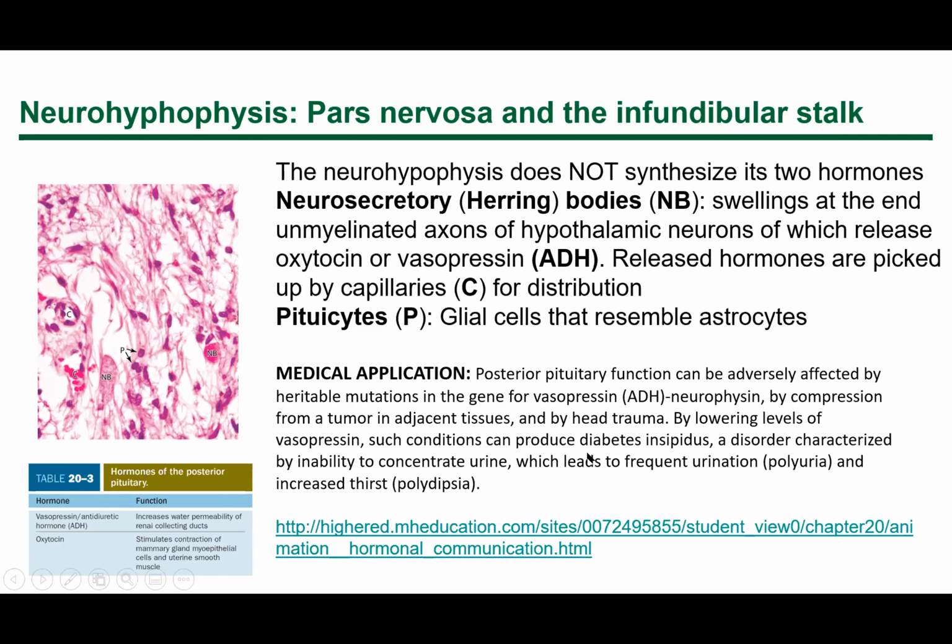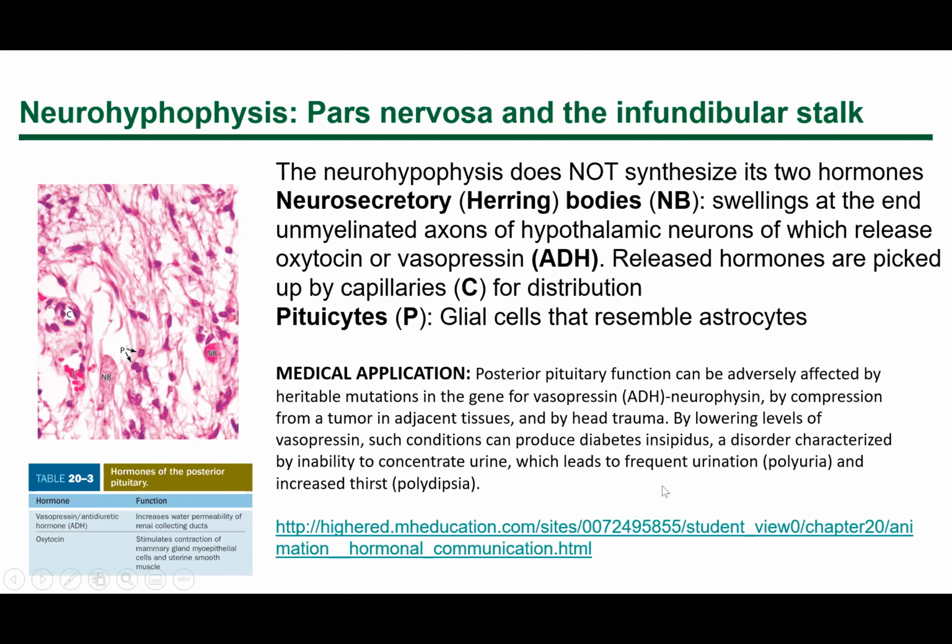So if there is a mutation in the gene for vasopressin neurophysin, because remember, these are peptide hormones, so there's a gene for them. They are being expressed like any other protein.